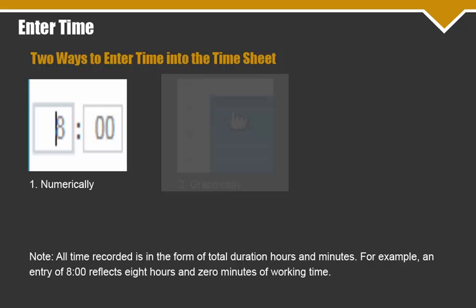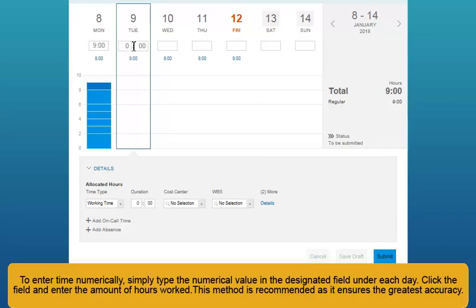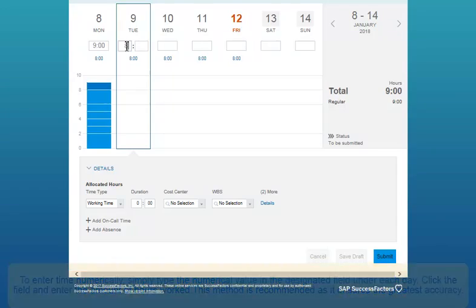For example, an entry of 8:00 reflects 8 hours and 0 minutes of working time. To enter time numerically, simply type the numerical value in the designated field under each day. Click the field and enter the amount of hours worked. This method is recommended as it ensures the greatest accuracy.